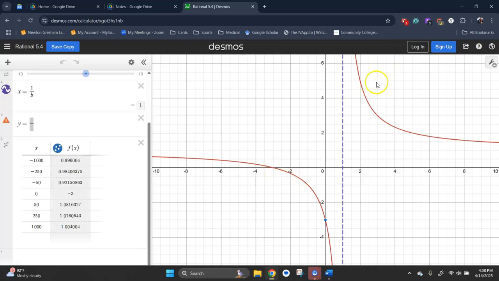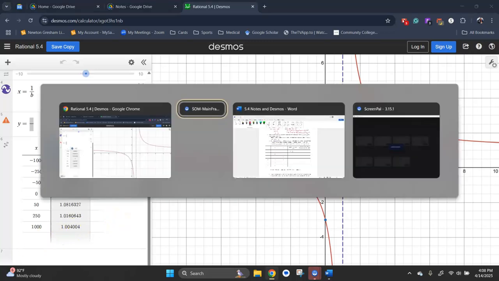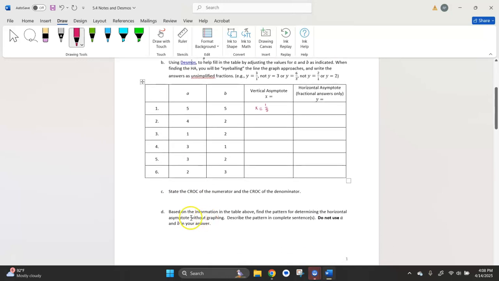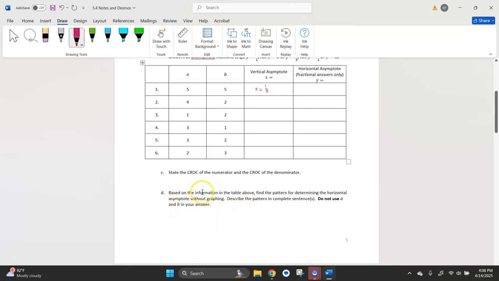We still have two parts to our graph, but it's one function with two pieces. So spend some time reviewing that. I want you to finish filling this in and come up with your answer to part D to the best of your ability before carrying on with the rest of the video lessons. Really spend some time exploring that Desmos activity to see if you can come up with this.